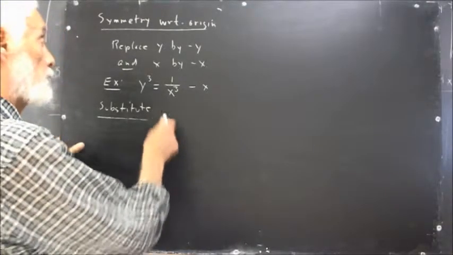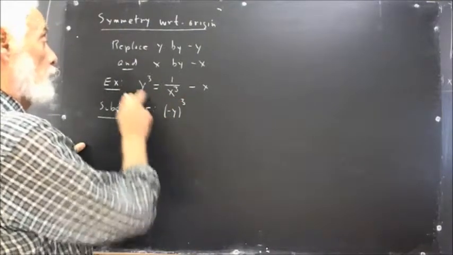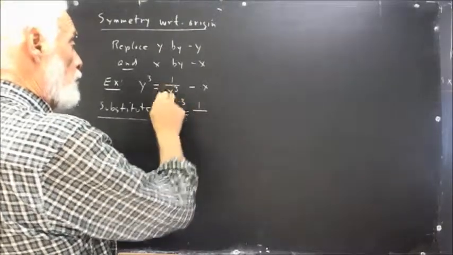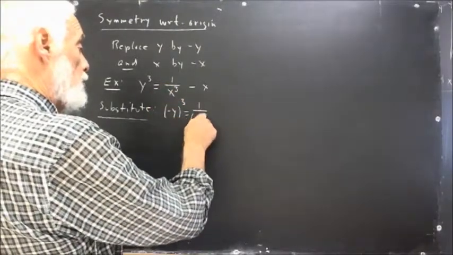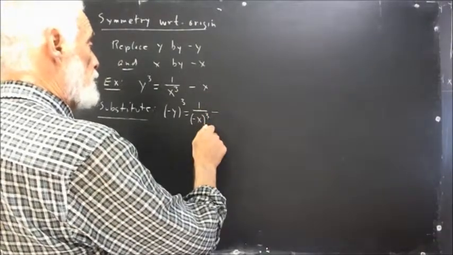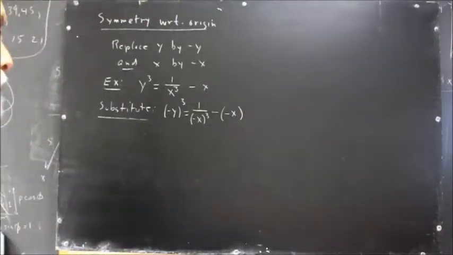Now, hopefully you paused. We get negative y cubed, replacing this y with negative y. 1 over x cubed will become 1 over negative x quantity cubed. Minus x will become minus negative x.